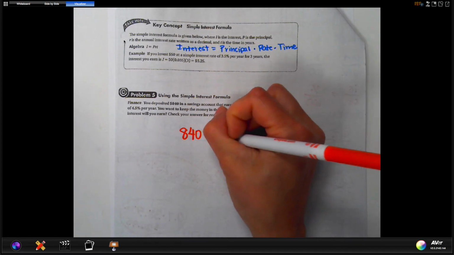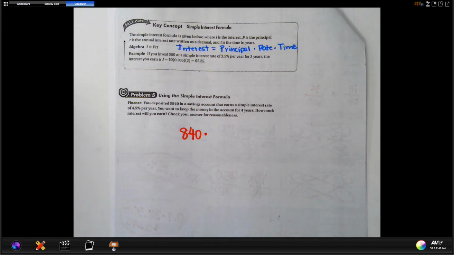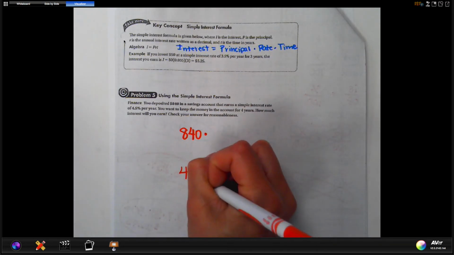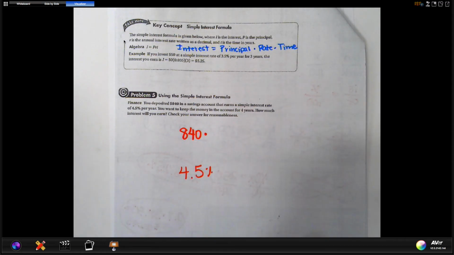You multiply that times your rate. Now, your rate is the percentage, but you have to put it as a decimal. So 4.5%, what is that as a decimal? How do we get that into a decimal? Does anyone know? Percents to decimals. Go, Nathaniel. Divide by 100. You divide it by 100, yes.